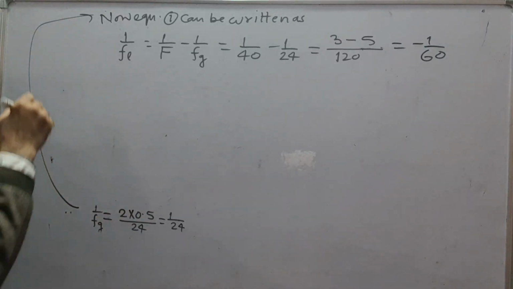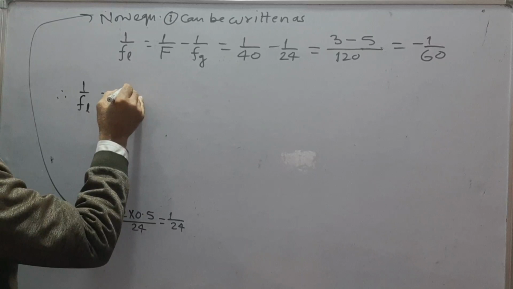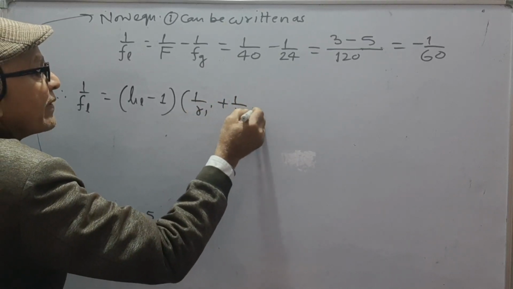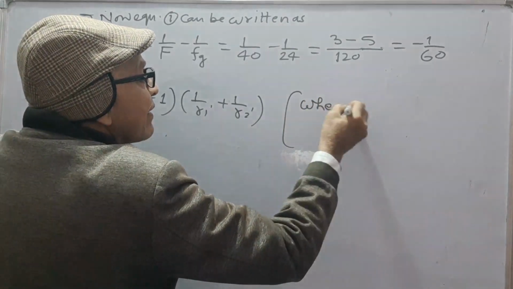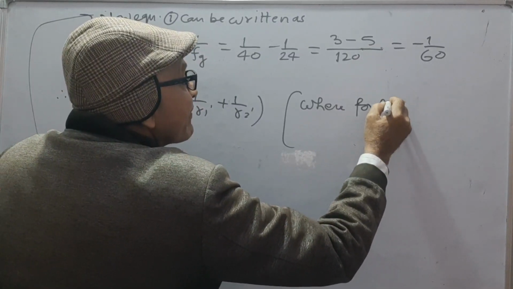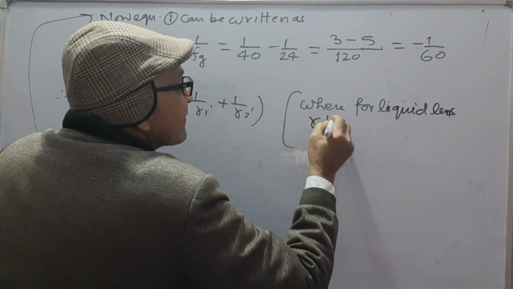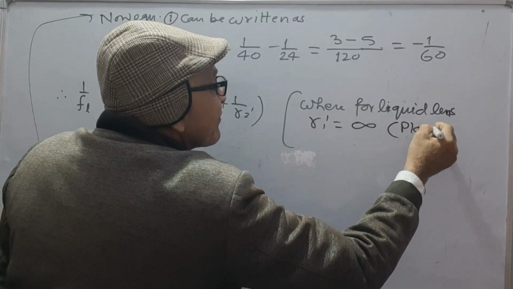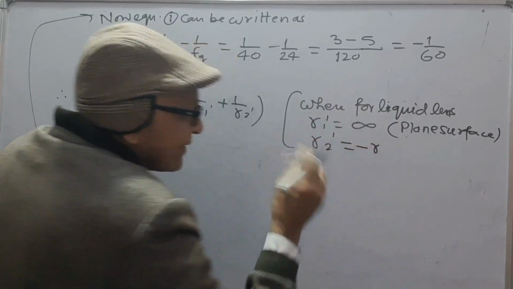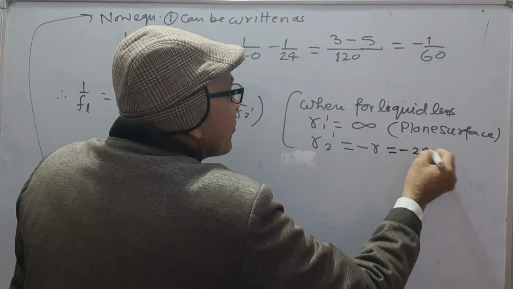Again, from lens maker formula for liquid lens, 1 upon F liquid will be equal to mu liquid minus 1 into 1 upon R1 dash plus 1 upon R2 dash, where for liquid lens R1 dash is infinity, plane surface, and R2 dash is equal to minus R because its value is same as that of glass lens, but it is diverging, minus 24 cm.